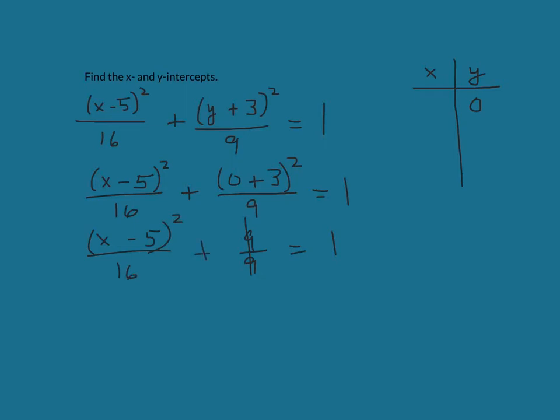So subtracting 1 from both sides, we will get 0 on the right-hand side of this equation.